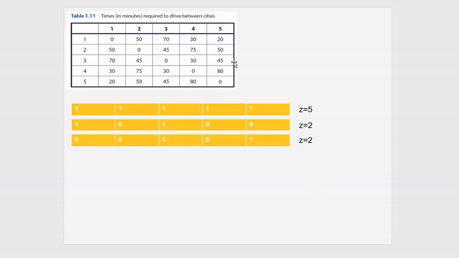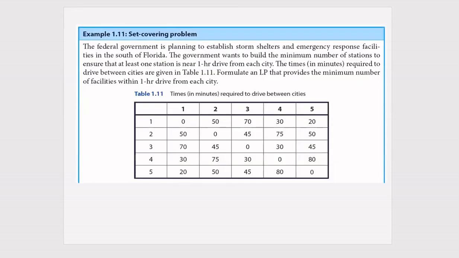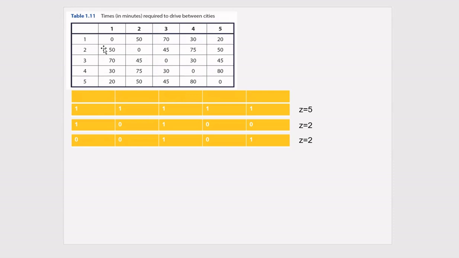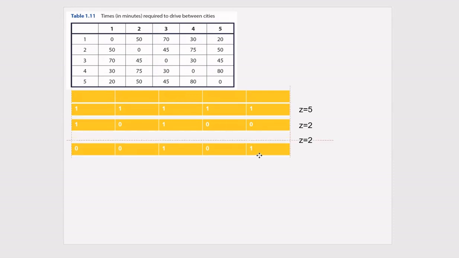Okay, but what do you think would be a good choice for decision variable in this case? I kind of gave you a clue. I'm having a cell for each city, 1 through 5, and if it is 1, I'm going to build a facility there. If it's 0, I will not do that.